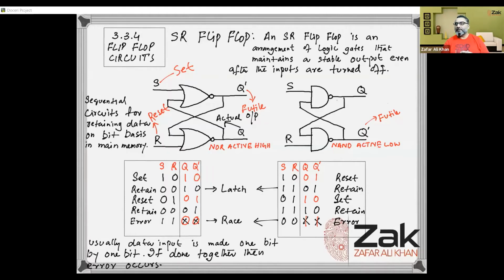All right. So where do we use these sequential circuits? Mostly to retain the data, and then you can relate it. This is now computer's memory where you are actually keeping the data. So the memories are made up of these flip-flop circuits.